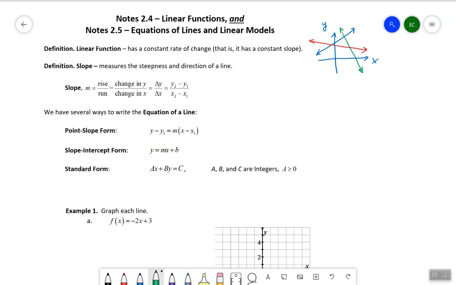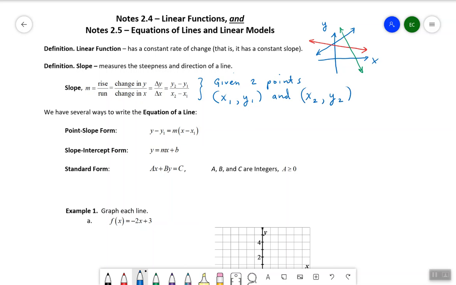But first things first. Your formula for slope says y2 minus y1 over x2 minus x1. When we use this formula, we're given 2 points, and those 2 points are x1, y1 and x2, y2.